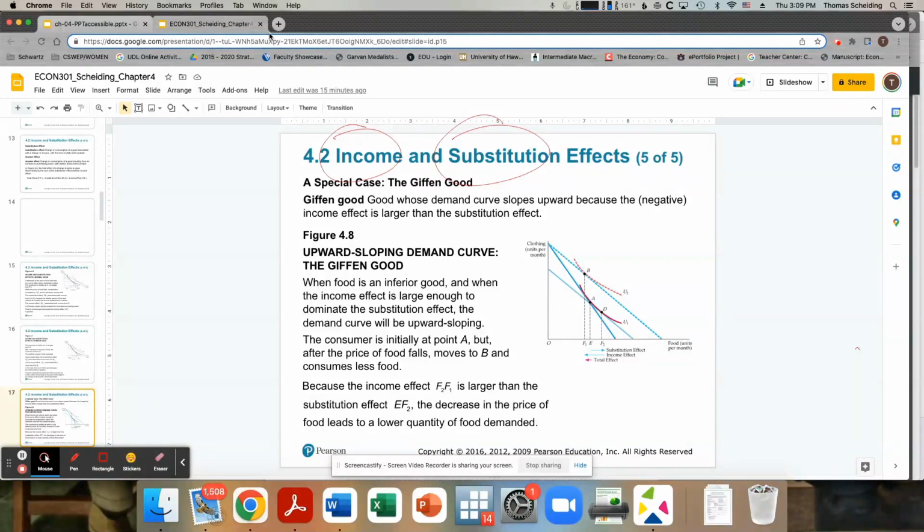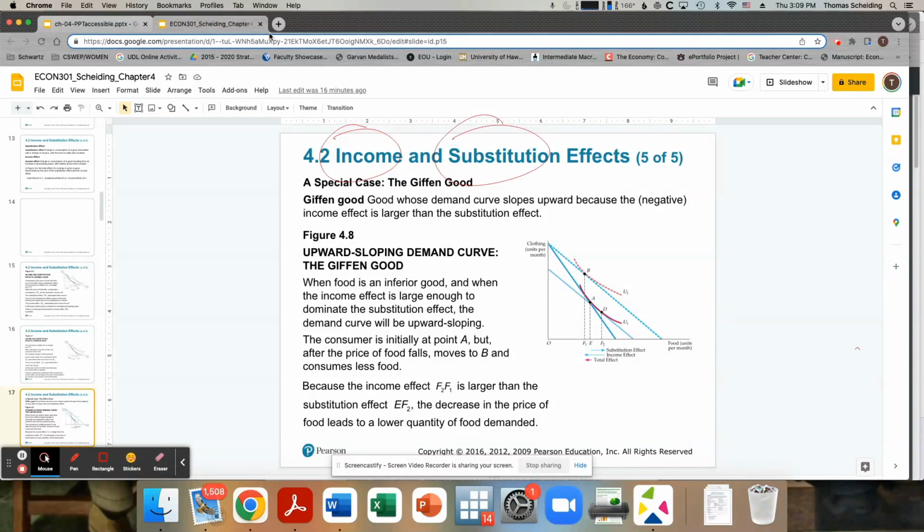And so as everything was becoming more expensive during the Irish potato famine, people still bought potatoes because that's what they do. That's what Irish people do. So that's what Giffen wrote, and that's what a few generations of economists remembered.